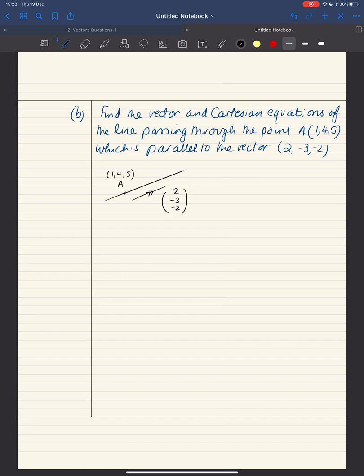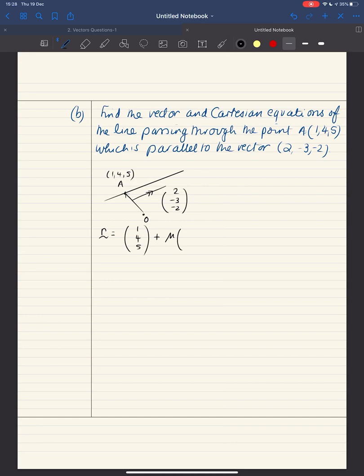So what we can say, the vector equation is going to be r is 1, 4, 5. That gets us to the line, so we can say the origin is down here somewhere. And then the direction vector.